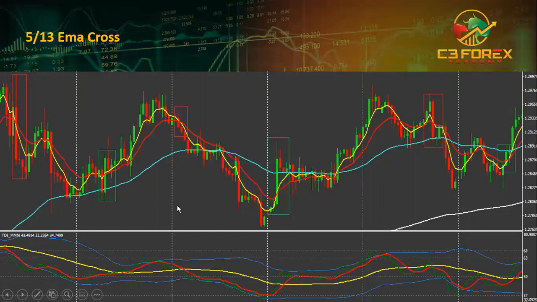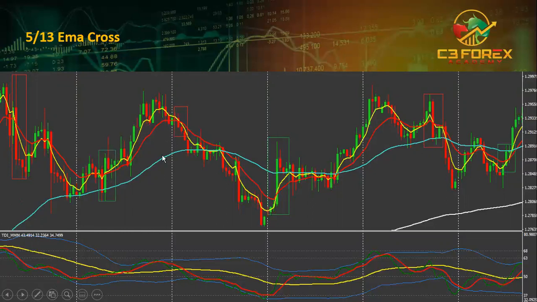All right. So notice on these shifts, if you look at the TDI, your market baseline is sitting at overbought. It shifts, price goes down. Your market baseline, you have a small shark fin. Market baseline looks like it's bouncing off of the stationary 50. You get a shift, price goes up.